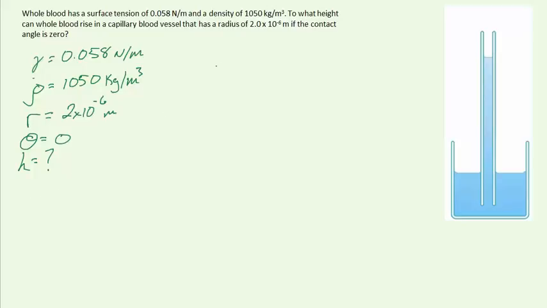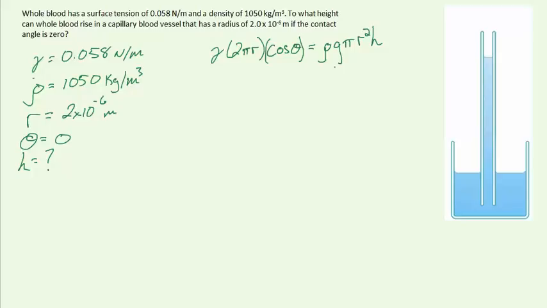So for surface tension, we have the equation where gamma multiplied by 2 pi times our radius multiplied by cosine of theta is equal to the density of our fluid times gravity multiplied by pi r squared multiplied by h.